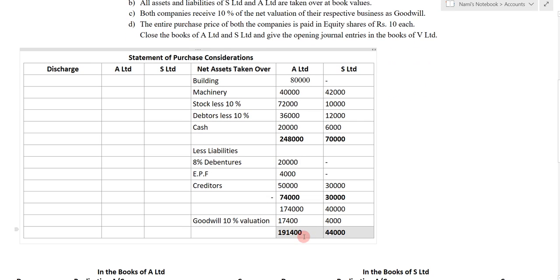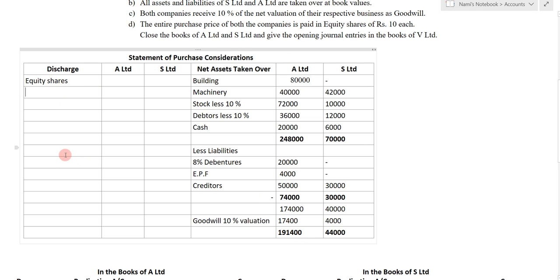That means V Limited has given 1,91,400 to A Limited and 44,000 to S Limited in the form of equity shares. So the discharge of this payment has been made in equity shares, in the discharge column.